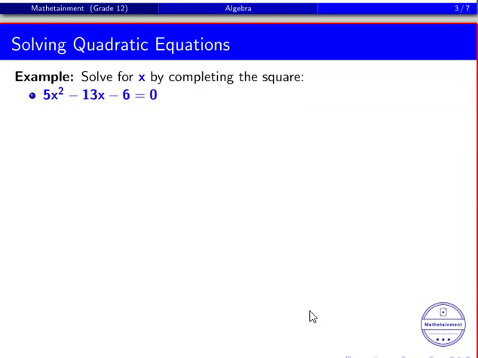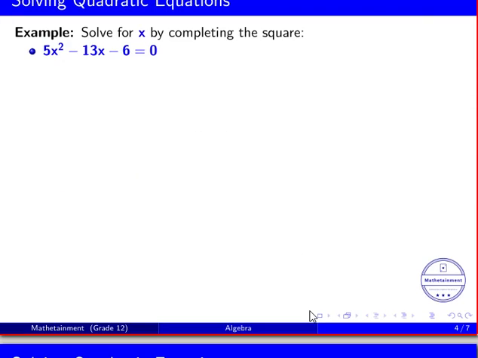Now, for the second example, we are given an equation that we are supposed to solve by completing the square, and the equation is 5x squared minus 13x minus 6 equal to 0. The first step says, make sure that the coefficient of x squared is 1. Is that coefficient 1? No, it doesn't look like it's 1.